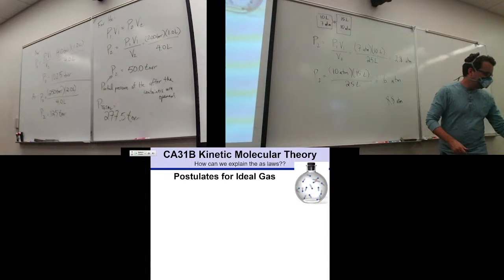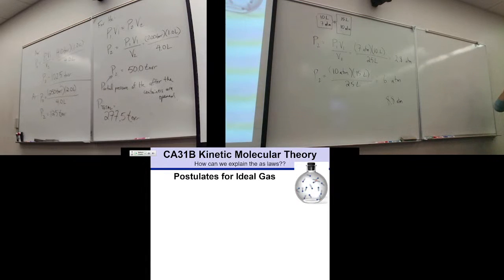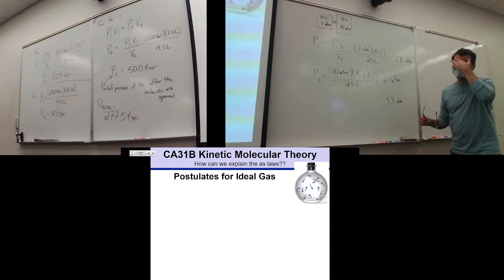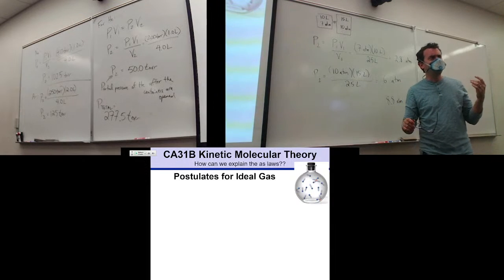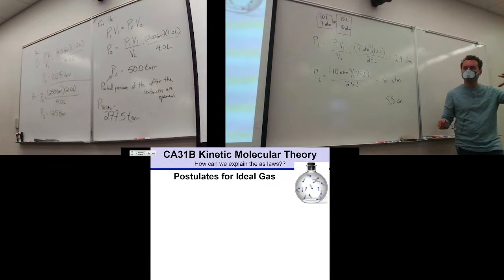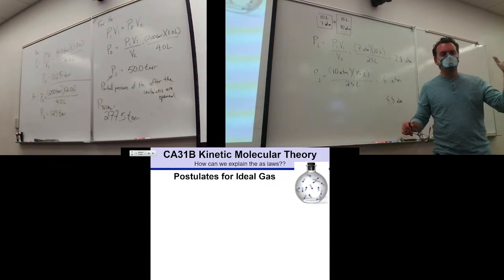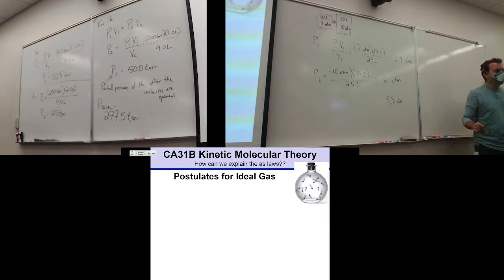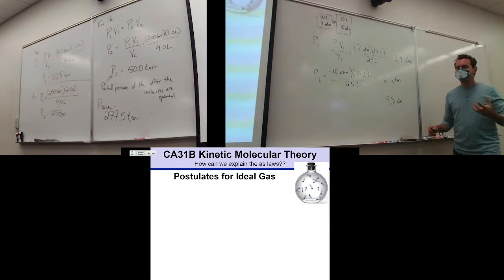So we're going to come back to the kinetic molecular theory, which we started to look at when we talked about vapor pressure. When we did that, I think we just hand-waved and said the results gave us that Boltzmann distribution. So let's talk about specifically what we are assuming when we talk about the kinetic molecular theory.